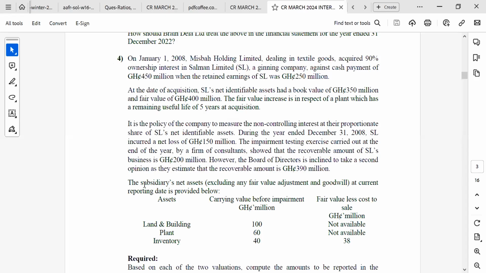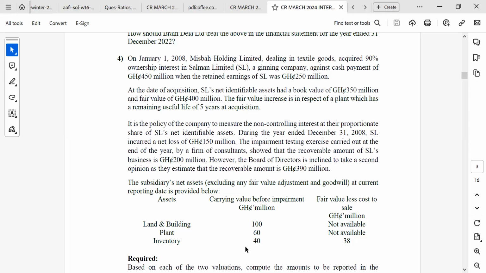They say that the subsidiary's net asset, excluding any fair value adjustments and goodwill at current reporting date, is provided below. So without the goodwill and the fair value adjustment, what is the value of our net assets at reporting? 200.